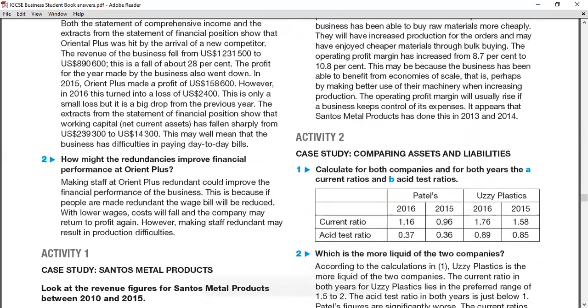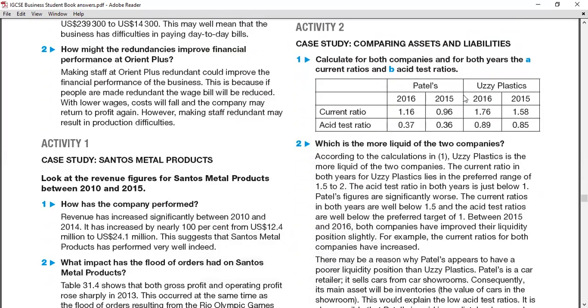In this table, you can see Patel's current ratio is 0.96 in 2015, and it improved to 1.16. USI Plastics was 1.58 in 2015, and in 2016 it improved to 1.76. By looking at these figures for Patel and USI, I'm asking the audience: what do you think?